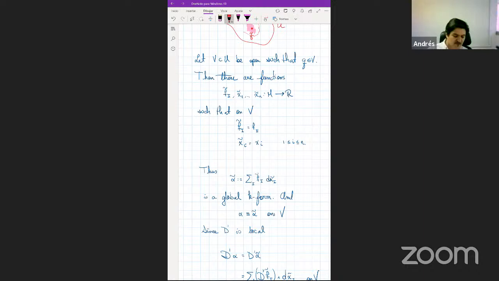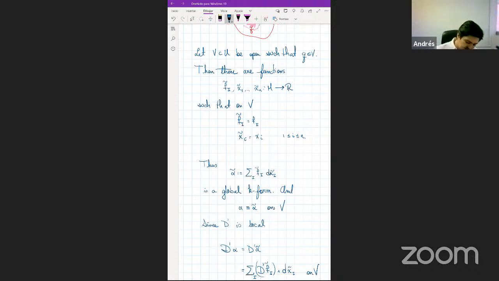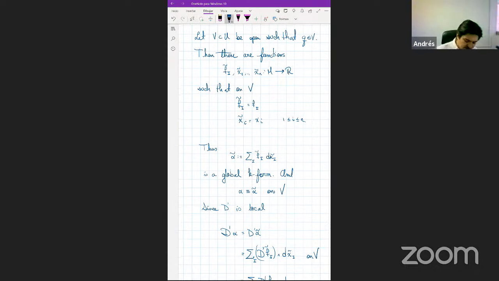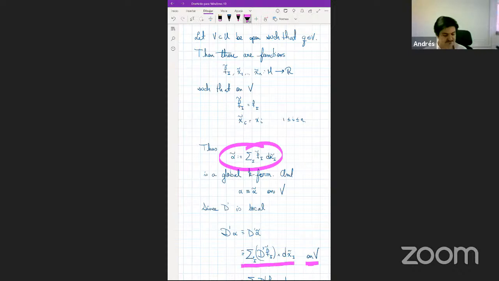Remember how if alpha and beta agree on an open set, then the differential will also agree on that same open set. So these two are equal or identical on V, right? Now, because for alpha prime, I have a global expression, so I have this equality here.